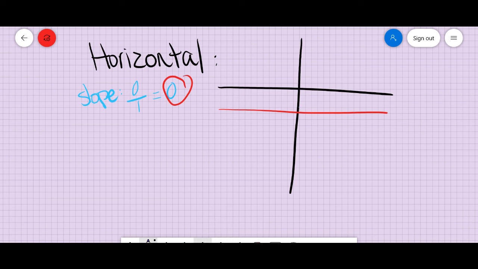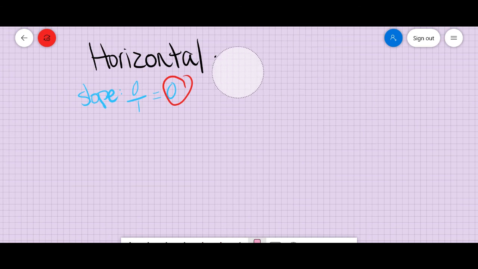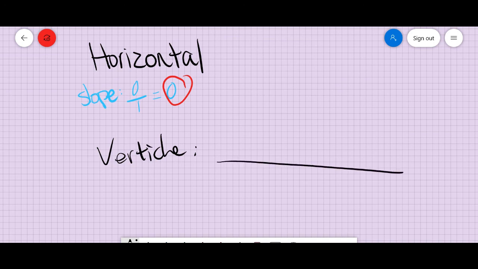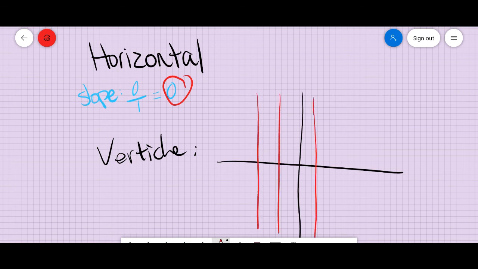What about the other extreme possible graph? It's a vertical graph. So when the graph is vertical, it will look something like this. Again, it can be here, it can be here. It is determined by the x-intercept.